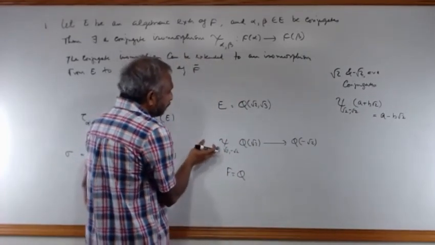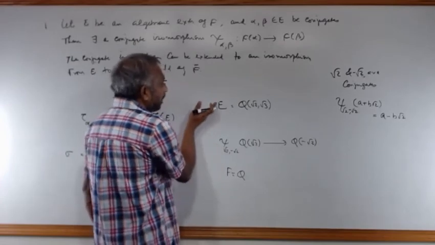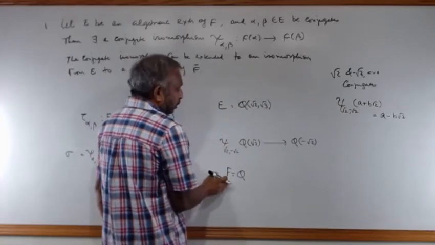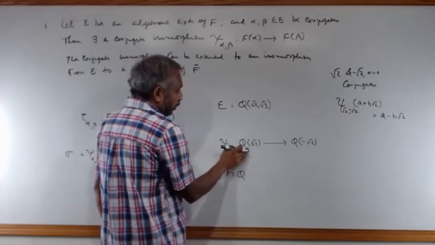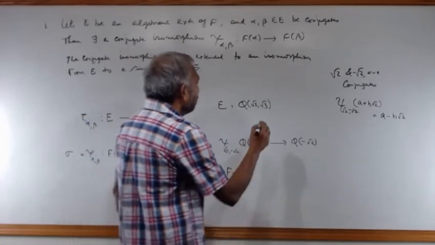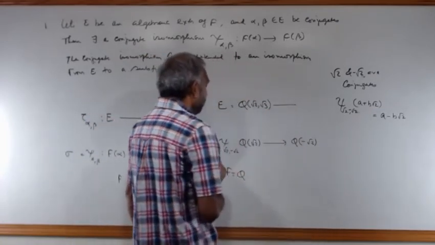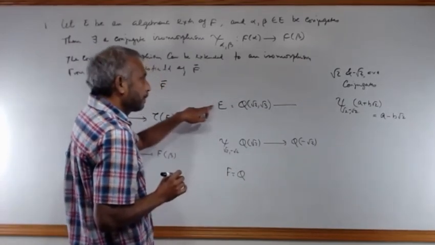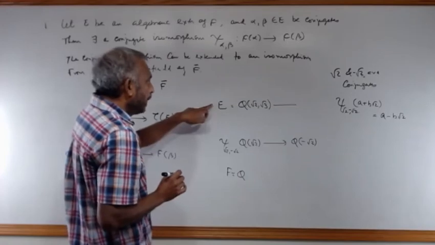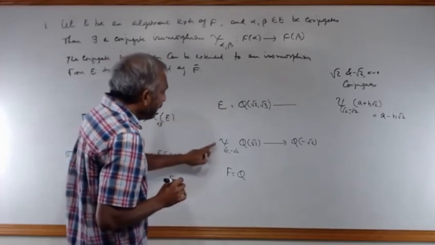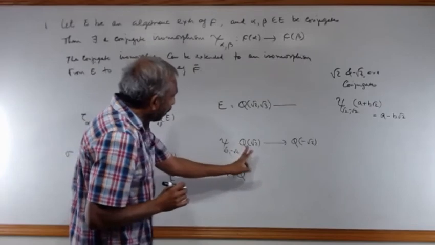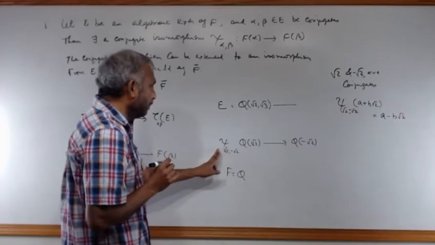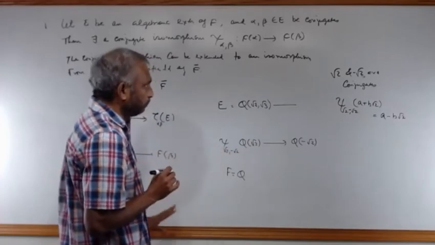Now we want to extend this map. This is an algebraic extension, definitely. Q root 2 and root 3 is an algebraic extension of Q root 2. So how do you extend this? When you extend this map to here, then when we apply it to an element of Q root 2, it should give the same result as the element mapped by psi of root 2.